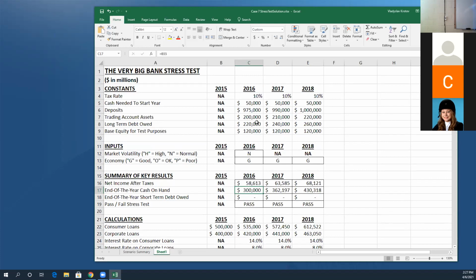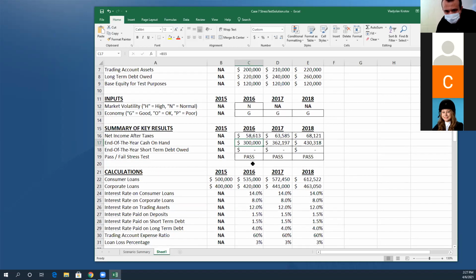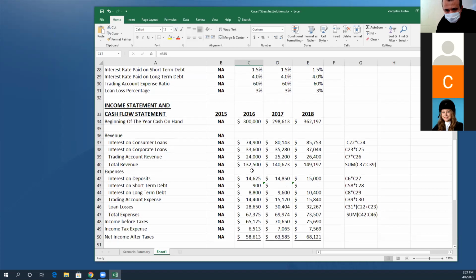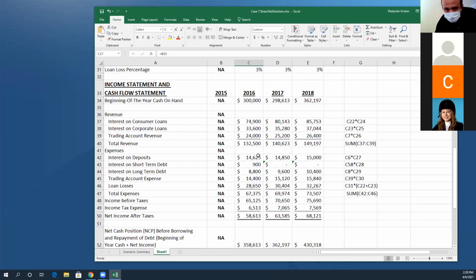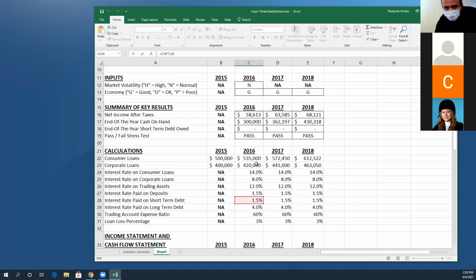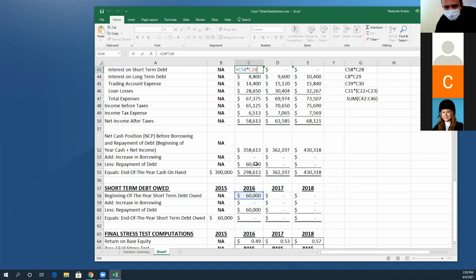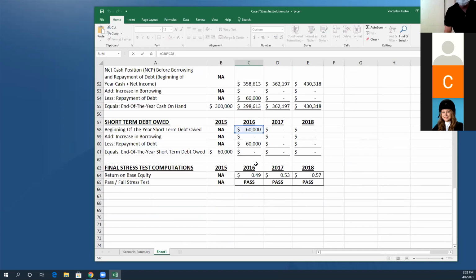Looks right. Let me check it. So C58. Yeah, it's probably due to this formula, right? What do you have in C58?